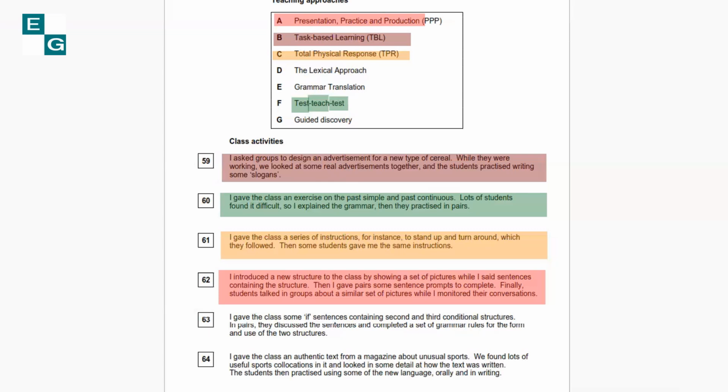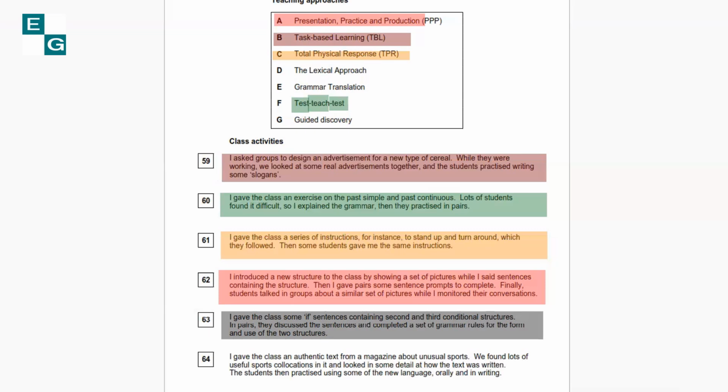After this, we can check on the next statement, which says, I gave the class some if sentences containing second and third conditional structures. In pairs, they discussed the sentences and completed a set of grammar rules for the form and use of the two structures.